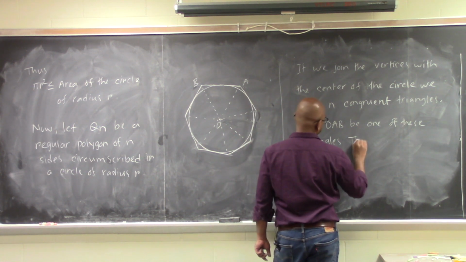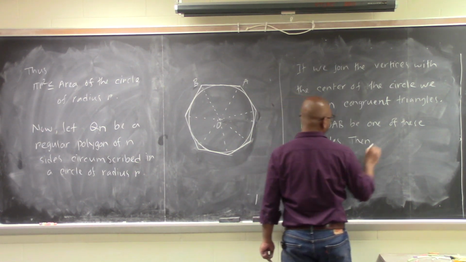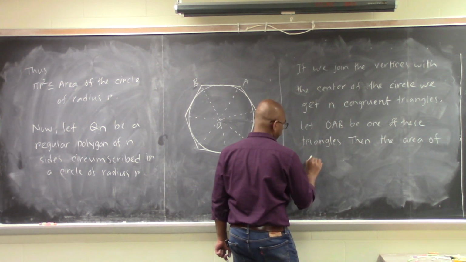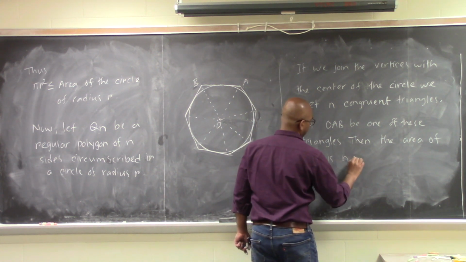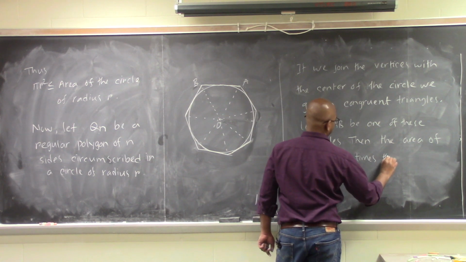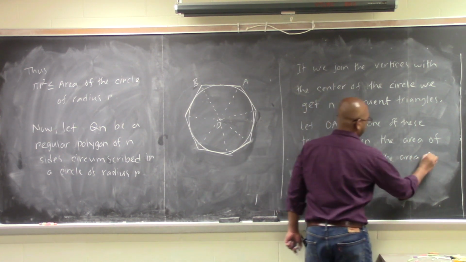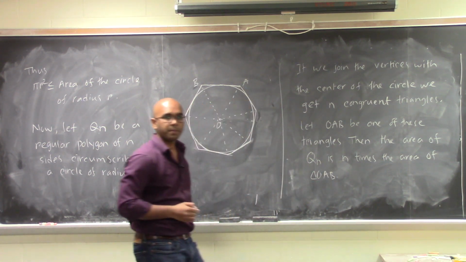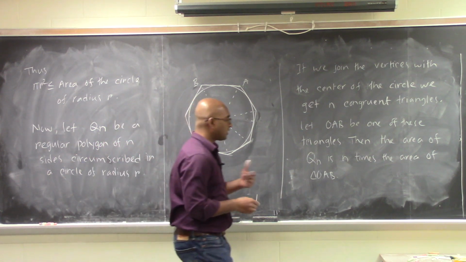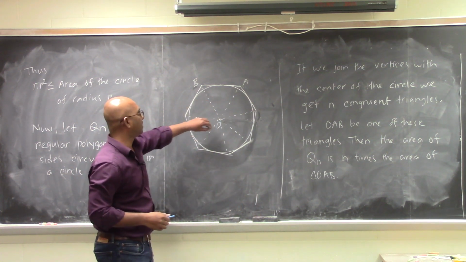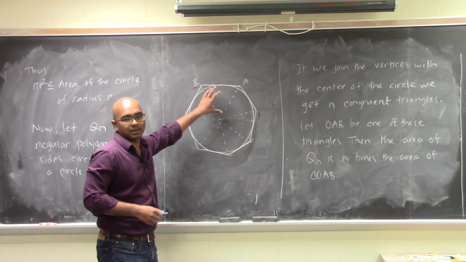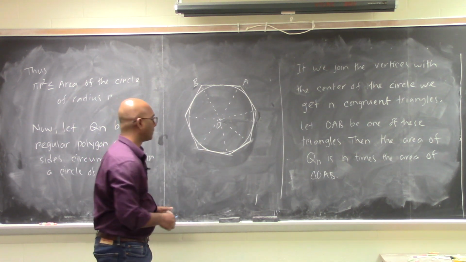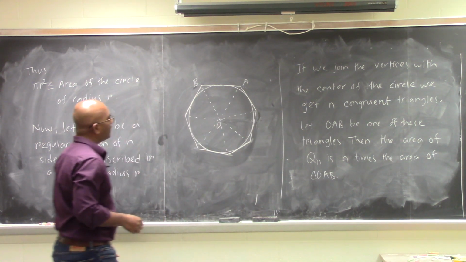Then the area of Qn is n times the area of this triangle OAB, right? So just like the previous case, now we have to figure out area of this one triangle. And once we can figure that out, we can multiply that by n, and then we can take the limit, and then we'll be done. Okay? All right, so what can be the area of this triangle?